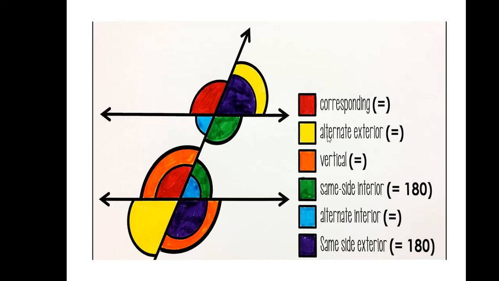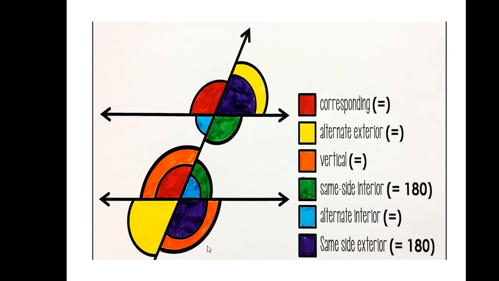Then alternate exterior: alternate means one will be to the right of the transversal and the other to the left of the transversal, and exterior means outside the two lines. Then vertically opposite, this orange color, is vertically opposite angles.